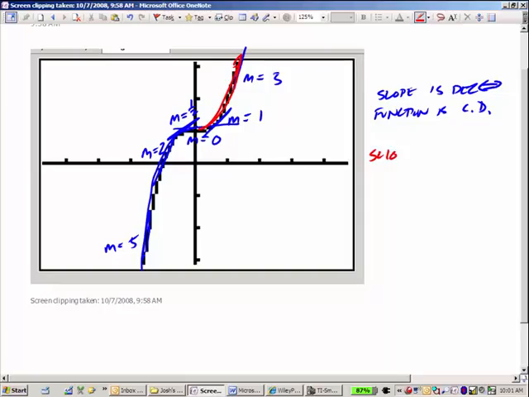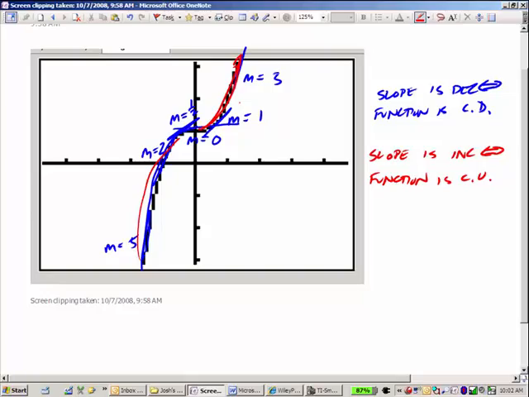If the slope is increasing, what can you say about the function? The function's concave up. So here's an example of a function that's concave down, frowning a little bit, and then smiling for a little bit. Does both.